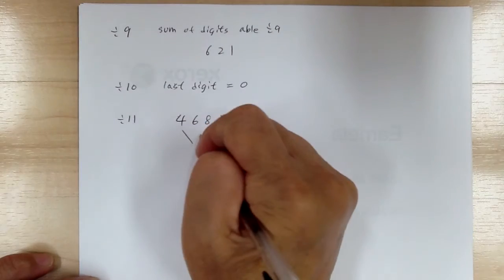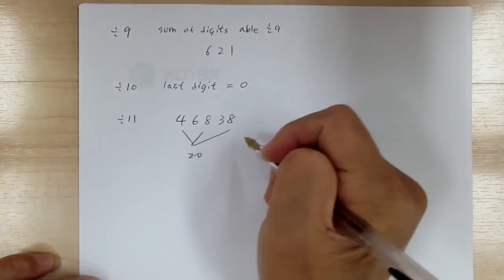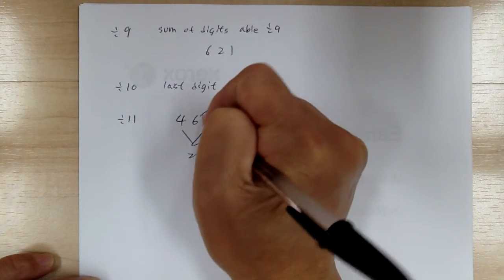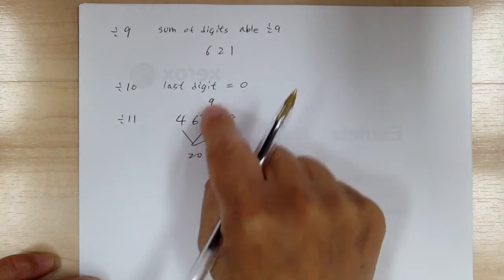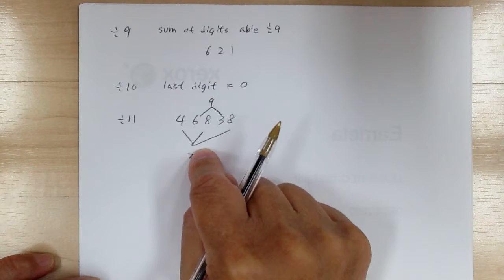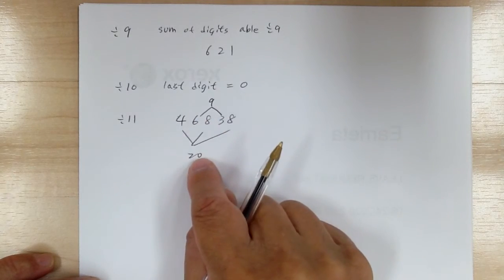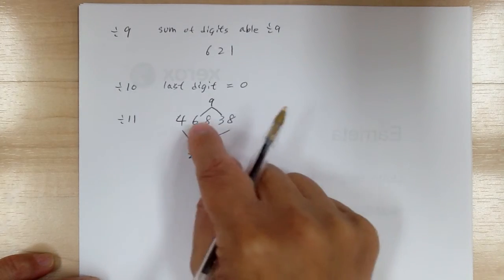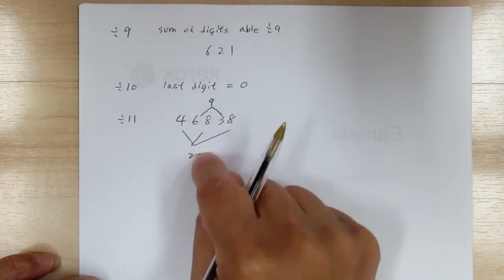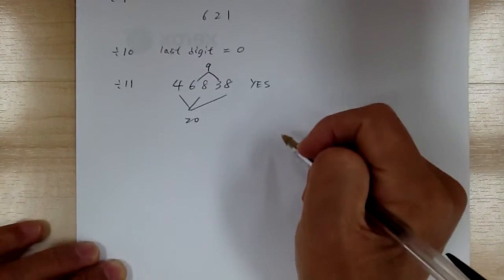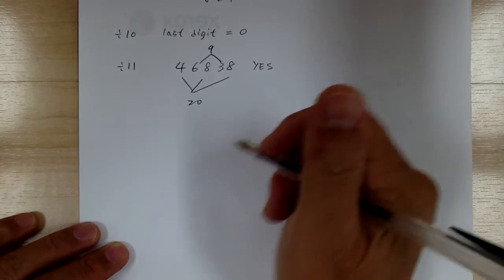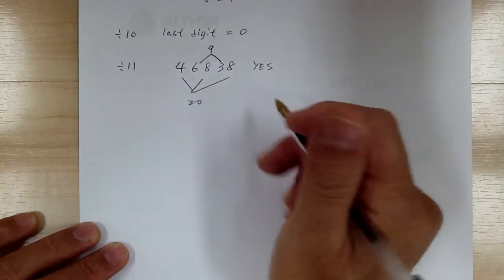So this will give you 20, and this will give you 9. Then you take the difference. If the difference of the two numbers is a multiple of 11, then it is divisible by 11. So you can see that the sum of the alternate digits is 20, and this is 9. The difference is 11. So this is yes. This is divisible by 11. So that's how you test for 11.